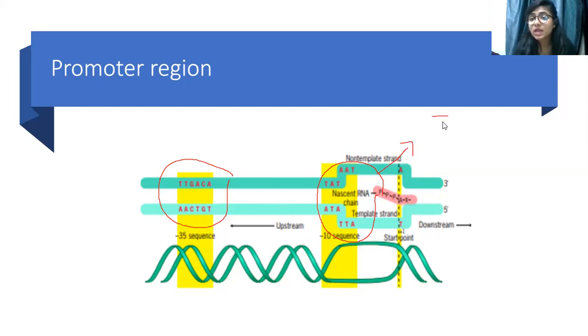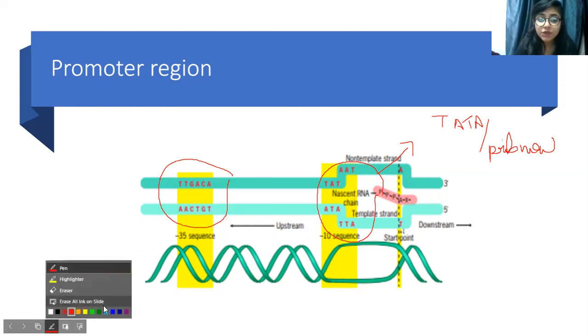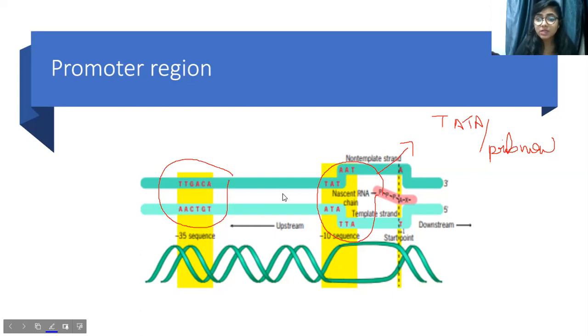This is also called the TATA box, or the Pribnow box. These are the two consensus sequences which the transcription apparatus recognizes and then binds to.